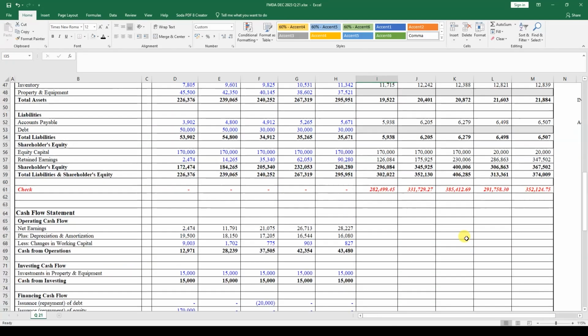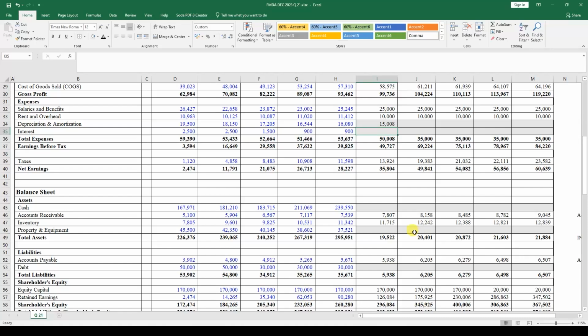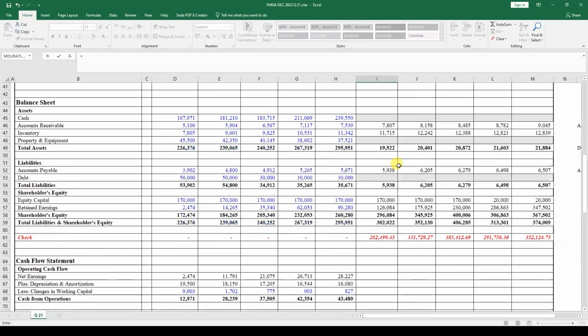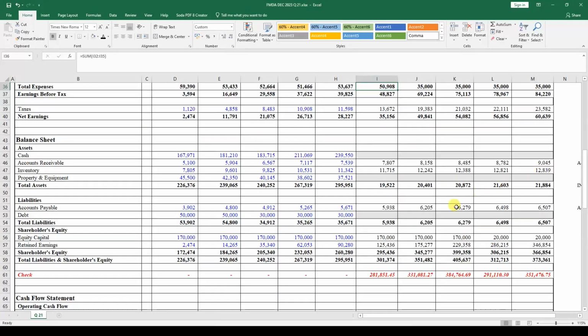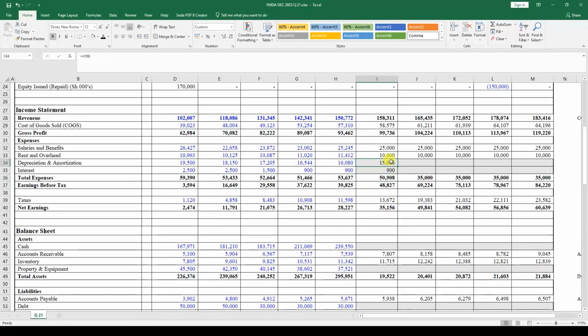There, enter. The interest expense right here is linked to the supporting schedule here, enter. Then we can just drag it towards the right.